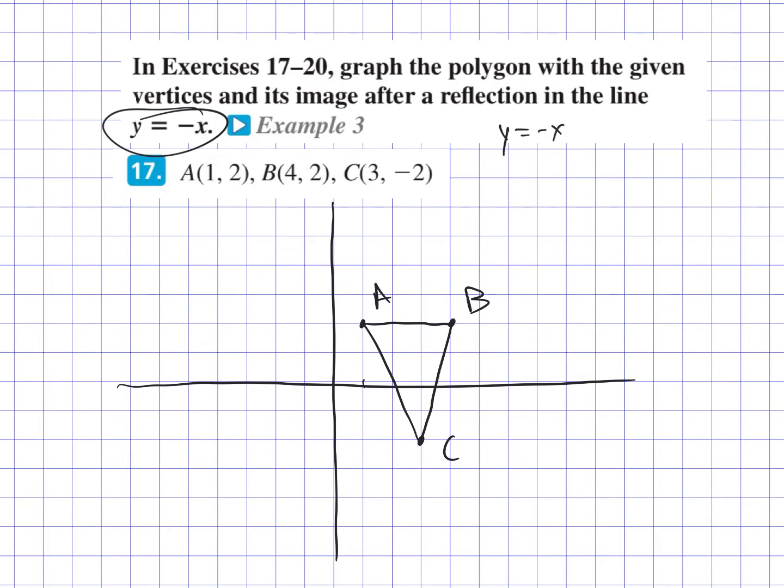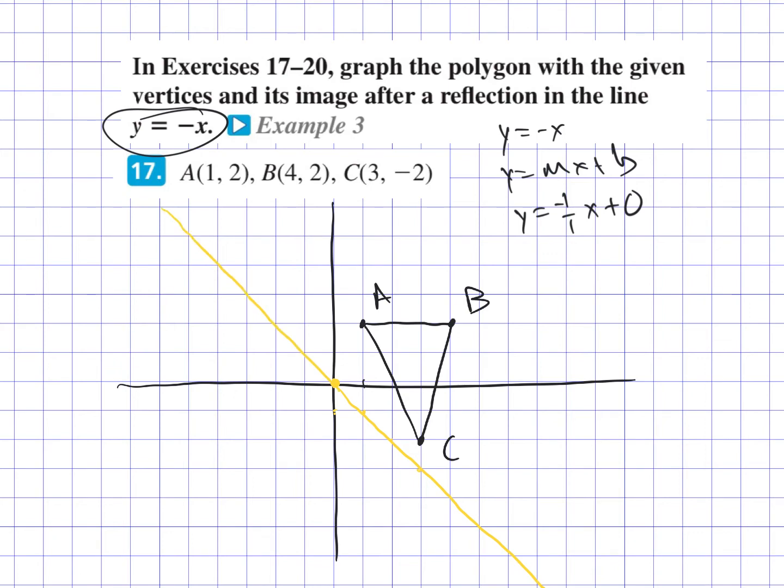Again, that's the same thing as y = mx + b, except your slope m is -1, and you're still going through the y-axis at 0. So we go down 1 and right 1. So this one is a diagonal line going down to the right by 1s. So there is our invisible line.